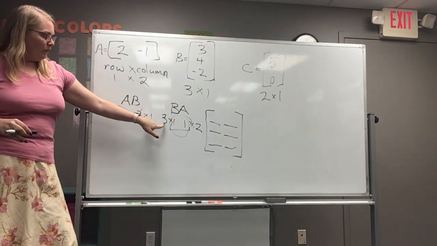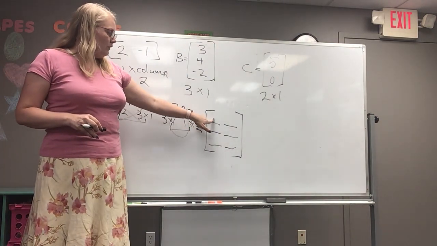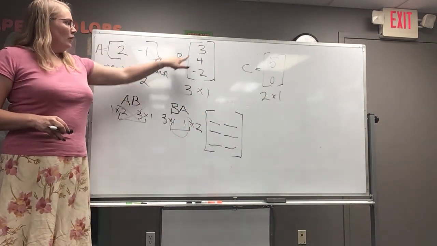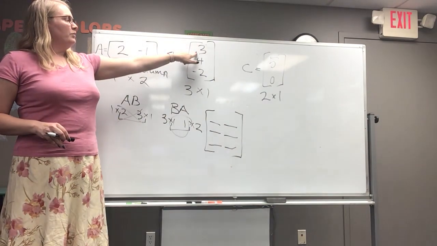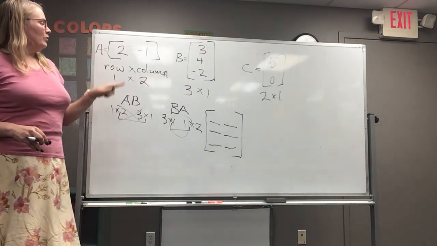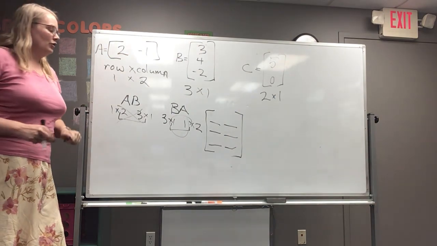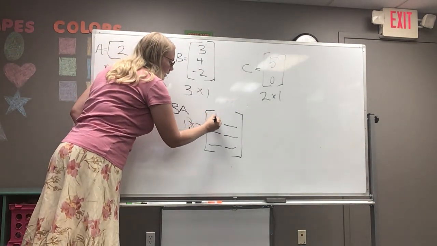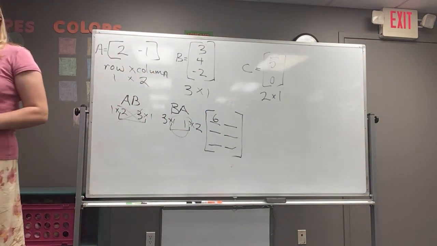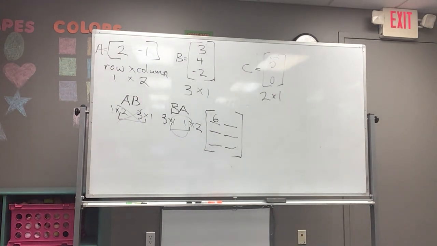So 3 by 2, this is first row, first column. The first row of B is 3 times the first column, 2. 3 times 2 is 6. That's where those individual elements of a matrix come from.